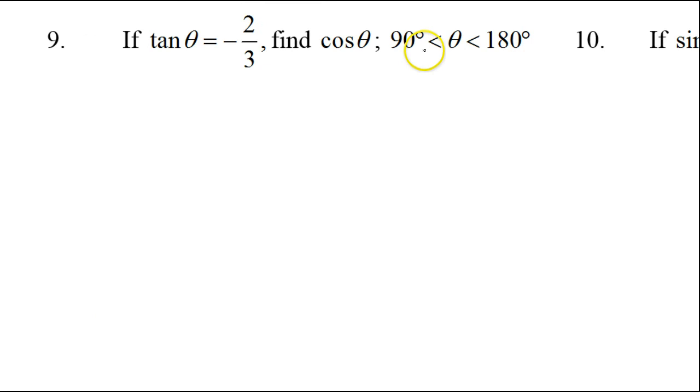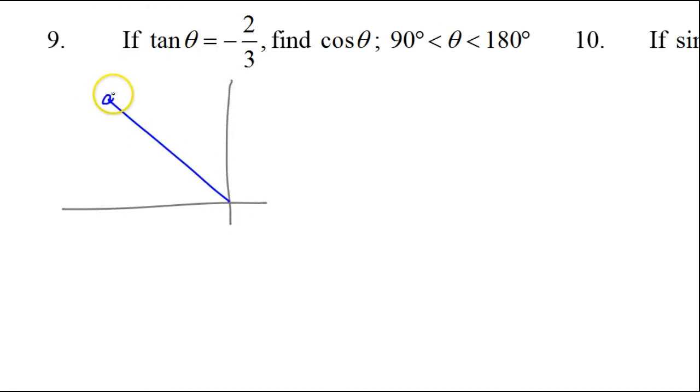Looking at number 9. Between 90 and 180 degrees, that is the second quadrant. So we will draw our diagram into the second quadrant. Like this, and here's my triangle. Now, tangent is y over x, and I see that it's negative, which means one of these is going to be negative.